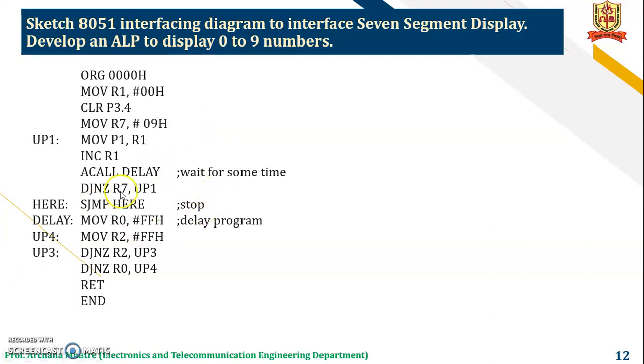Then R7 is the counter, so decrement the counter by 1, and if it is not 0 then continue the process. So the value of R1 should be 1, 2, 3 like that, until the counter becomes 0. Once the counter is 0, then you have to stop the process. This is the delay program.